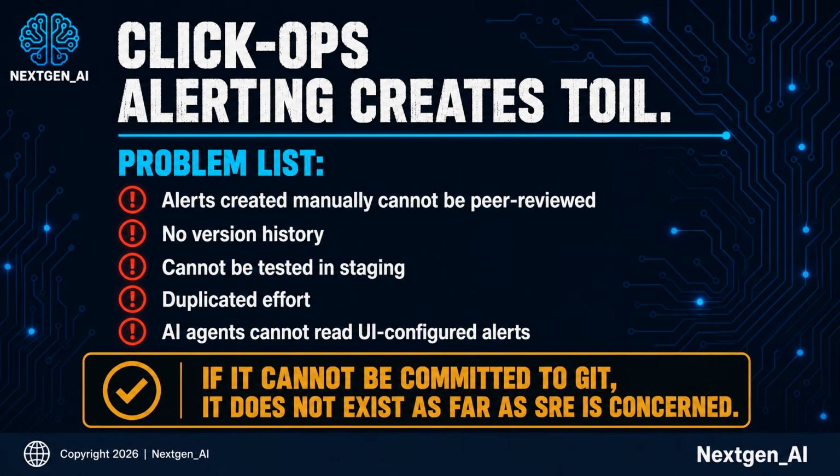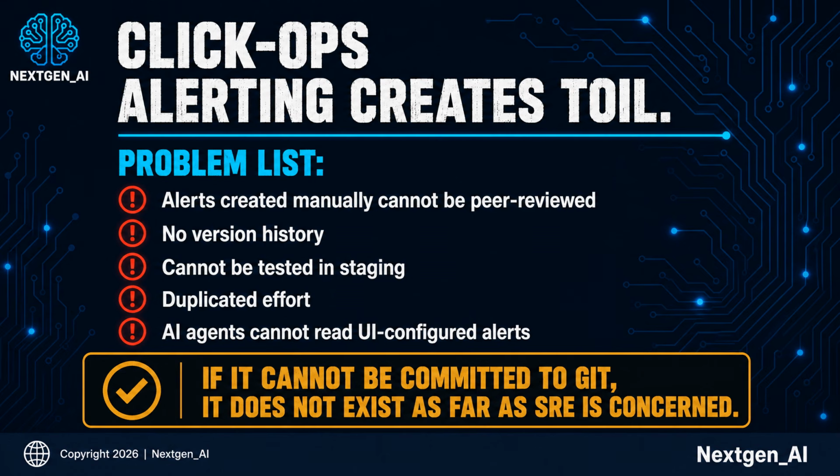This manual approach is fundamentally broken for modern scale-out architectures. ClickOps is untrackable. There is no audit trail of who changed an alert threshold or why. It is unrepeatable. If you need to deploy the exact same alerting rules to a new staging environment, you have to manually click through the UI all over again.